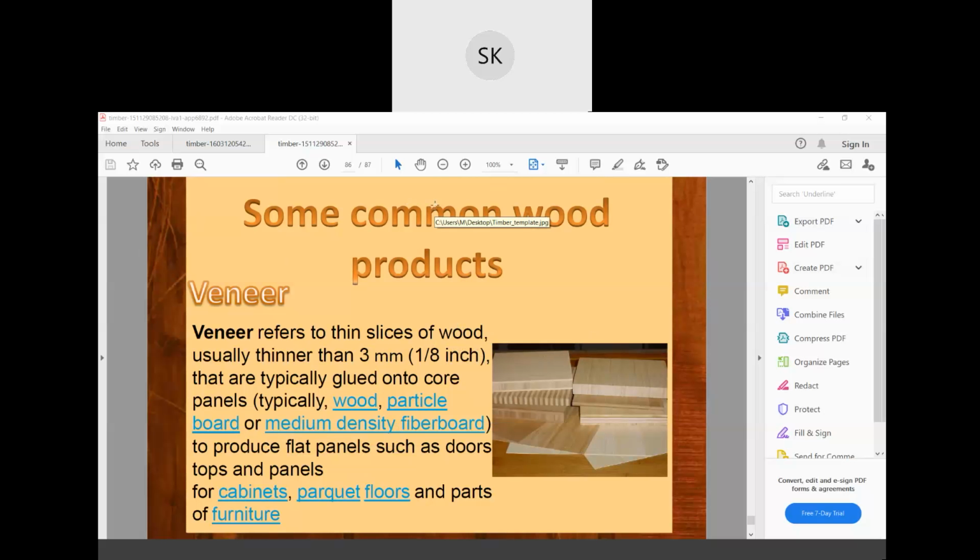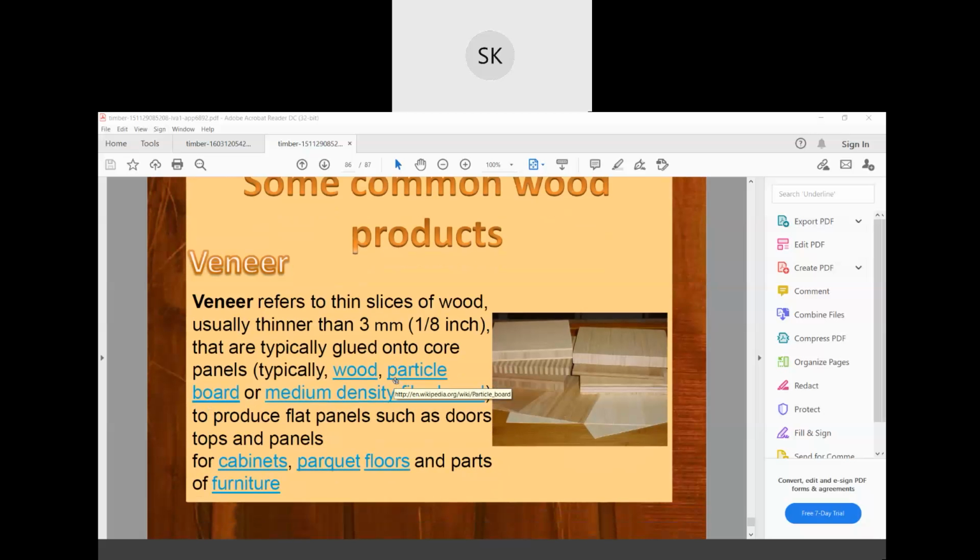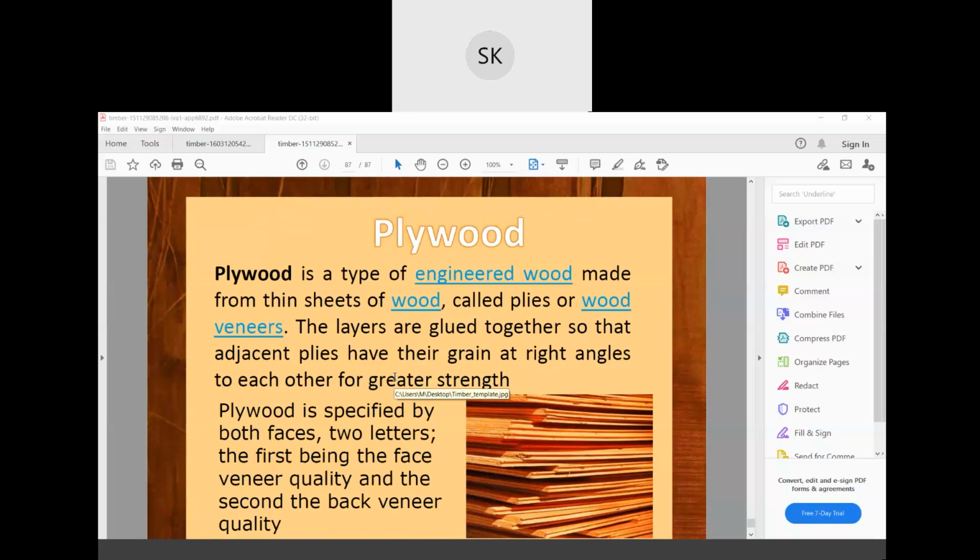So from timber you can get veneer as a byproduct, a thin slice of wood, and you can use it to give a surface on doors. Some you can use for panels also. So these are some products of timber.